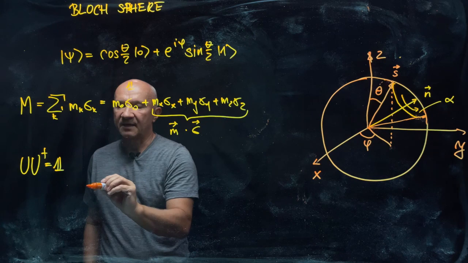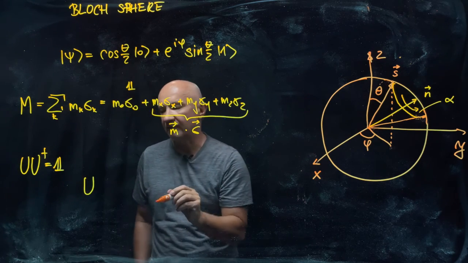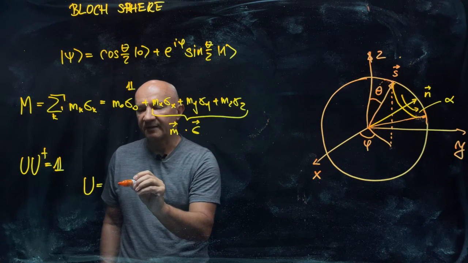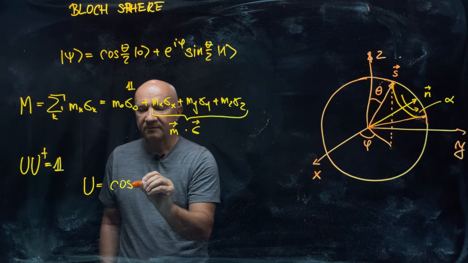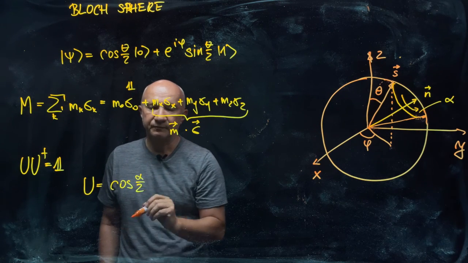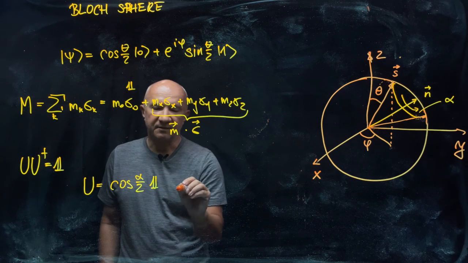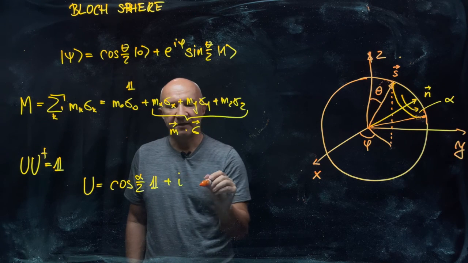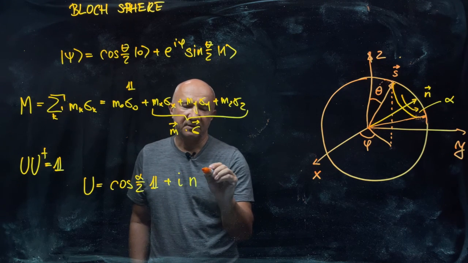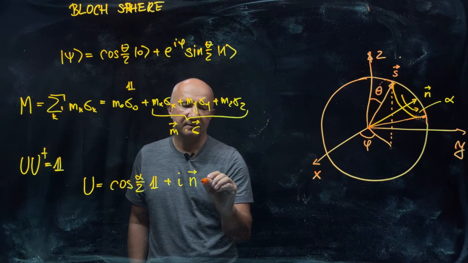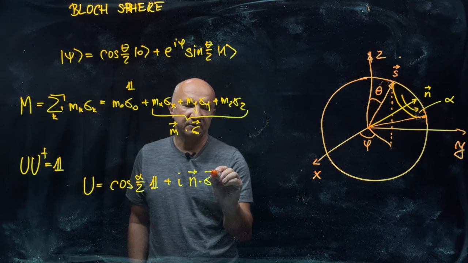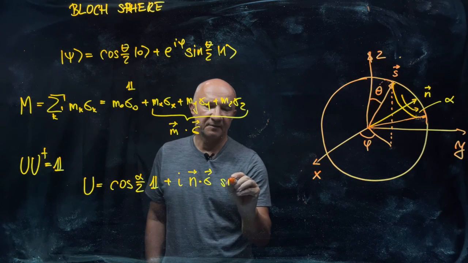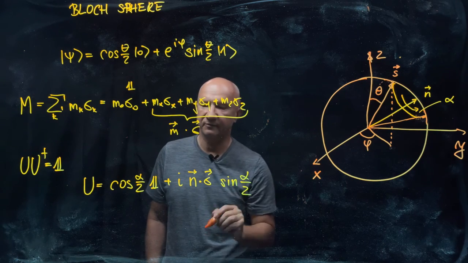Any 2x2 unitary matrix, up to a global phase factor, can be written as cos(alpha/2) times the identity plus i times a unit vector n dot sigma, this kind of scalar product, times sin(alpha/2).